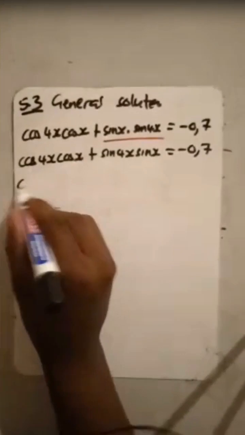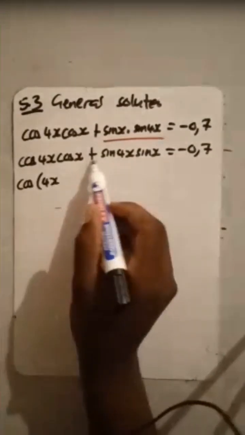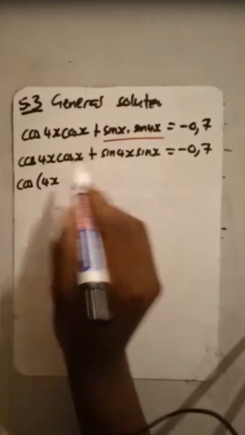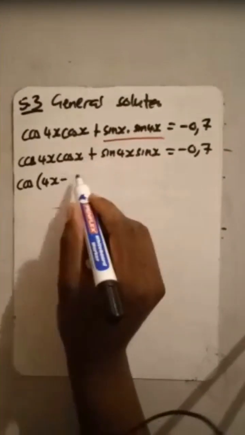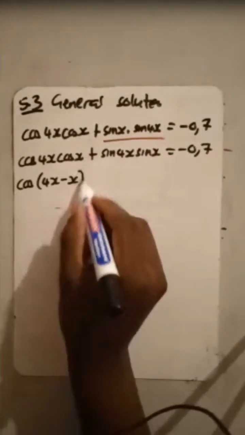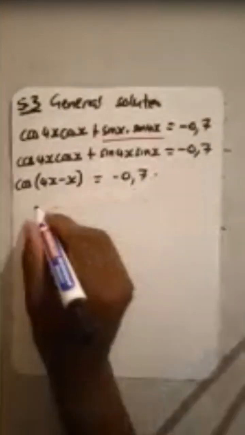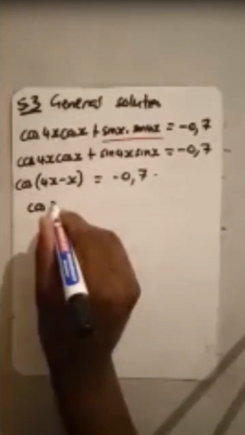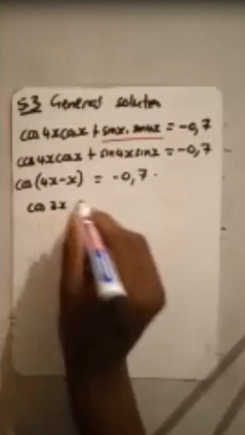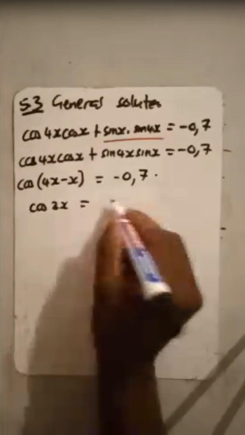So this one is the same as cos of 4x. Remember, if it is cos, the sign that is here actually changes. So it was plus, now it becomes what? Minus. Then the other angle that is there is x is equals to negative 0.7. So this is simply cos of 3x is equals to negative 0.7.